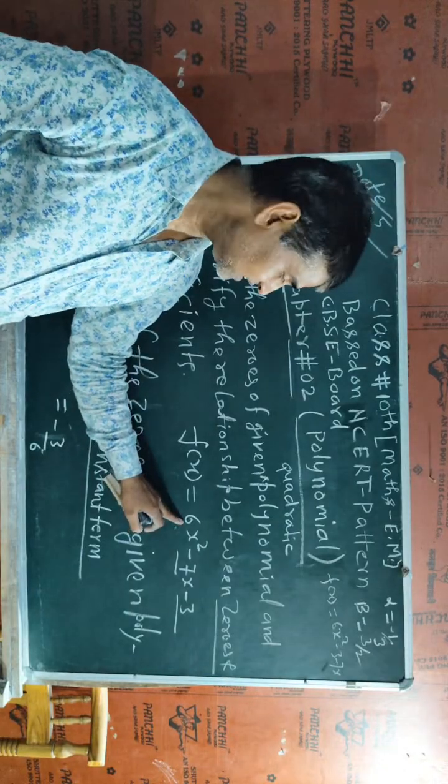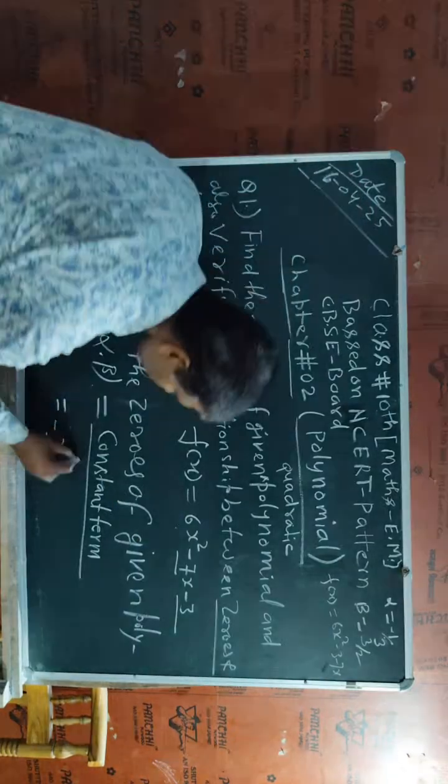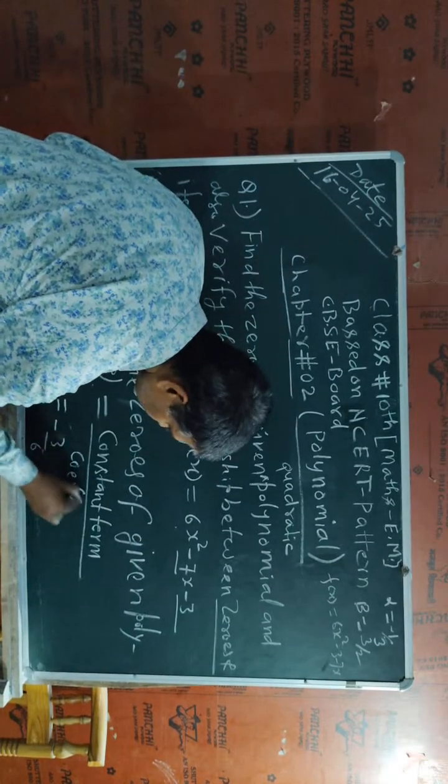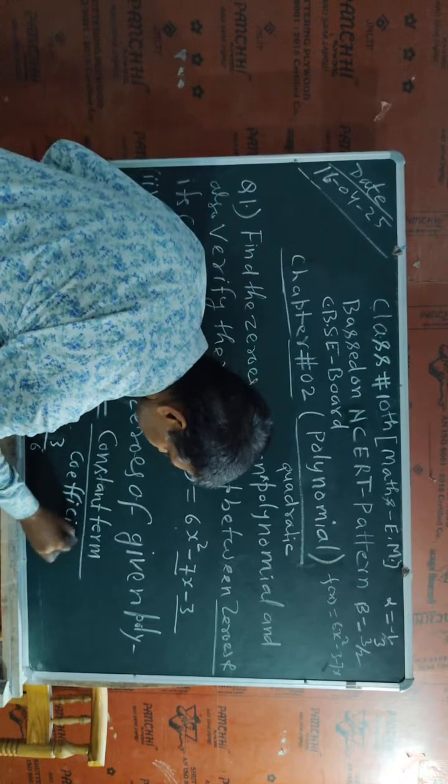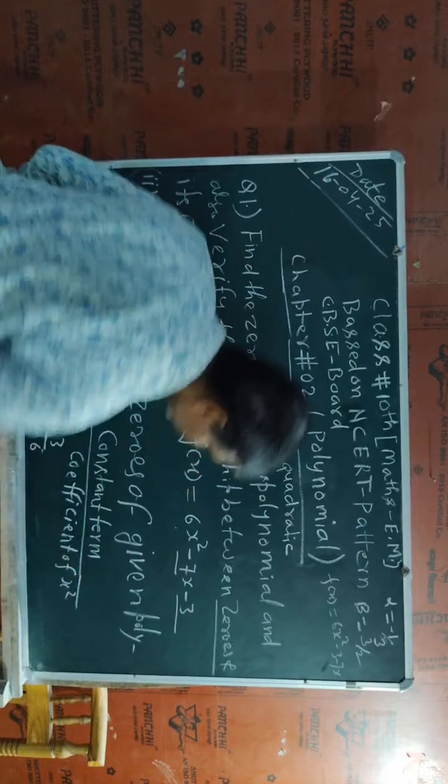Here it is given. So in the place of 6, I will write coefficient of x square.